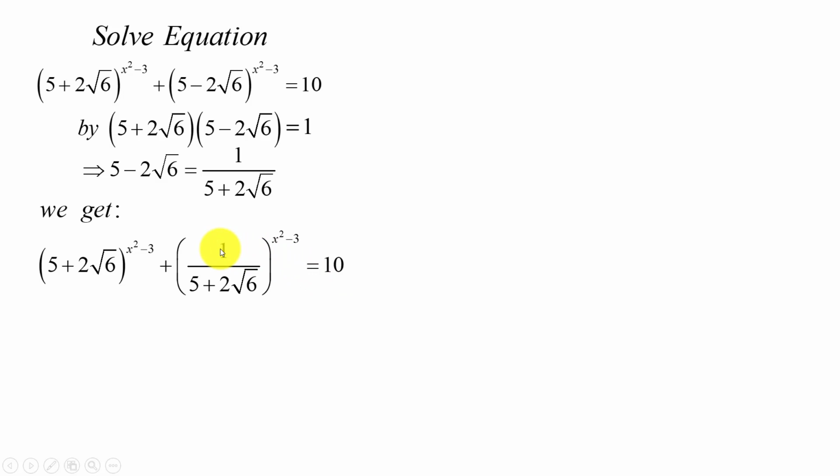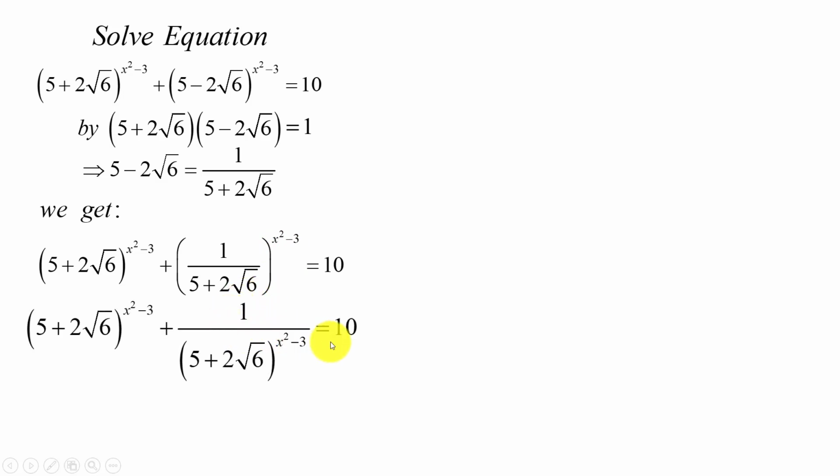And we can use the rule that (a over b) power n is equal to a power n over b power n. So we get 1 power x squared minus 3 over (5 plus 2 square root 6) all power x squared minus 3. This is the equation.